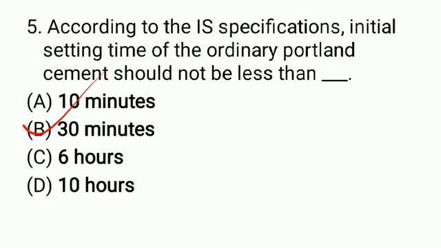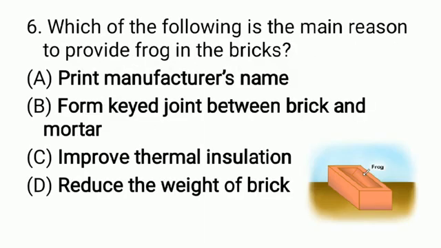Okay, so our next question is, which of the following is the main reason to provide a frog in bricks? So what is a frog actually? Frog is a depression made on the face of the brick during moulding. It looks like this.